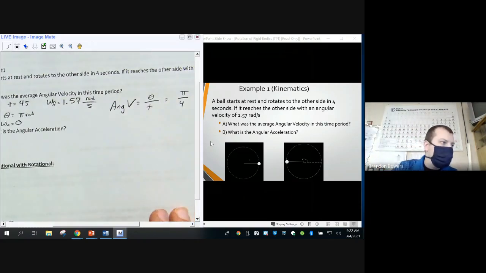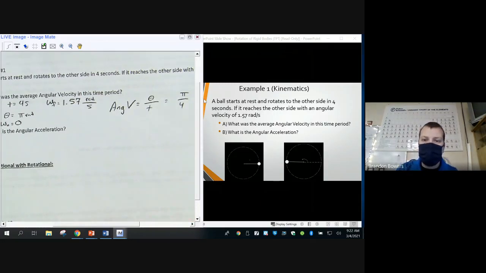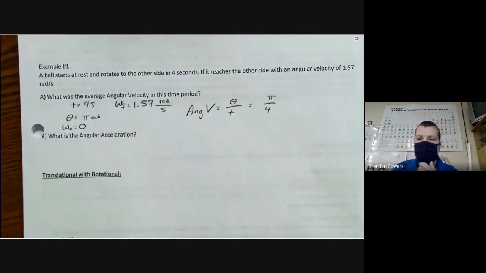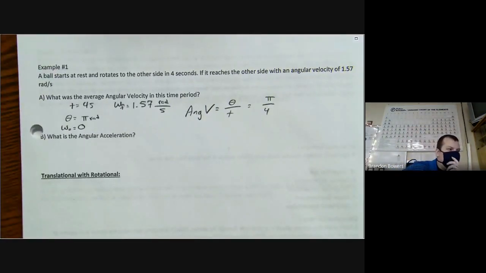I thought the theta was 5. No, never mind. I'm lost. Are we good though? Don't listen to me. Wait, we're doing good though. All right, so pi over 4. Now, if we plug that in a calculator, what is pi over 4?